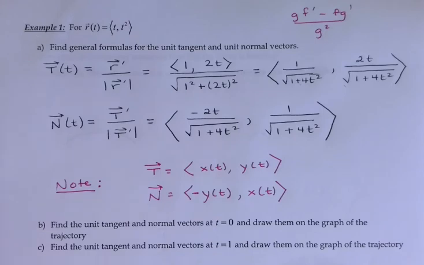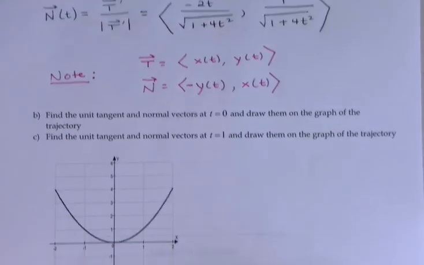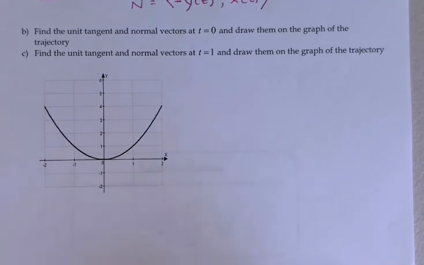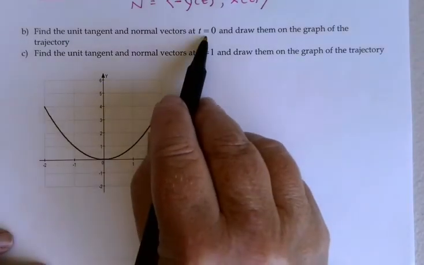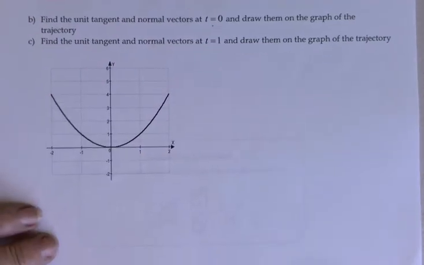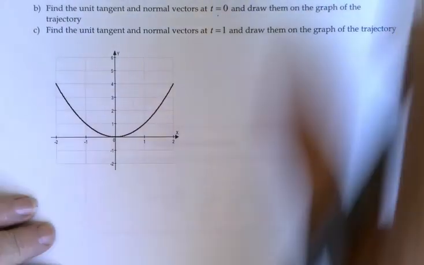All right, before we leave these, I'd like to find the unit tangent and unit normal vectors, specifically at t equals 0, draw them on the graph, and then the same thing at t equals 1. So let's start with t equals 0.